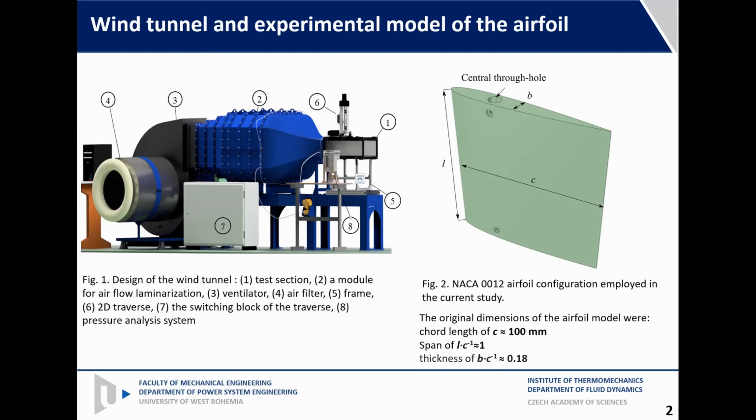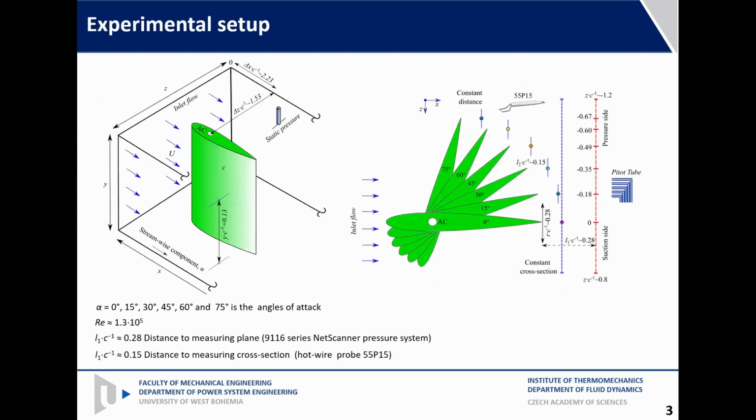For the experimental investigation, we used the NACA 0012 because it's a widely used airfoil for comparison with simulations or other experimental studies. The chord length of this airfoil was 100 millimeters, and the span and thickness were in the same proportion, with thickness over chord approximately 0.18.